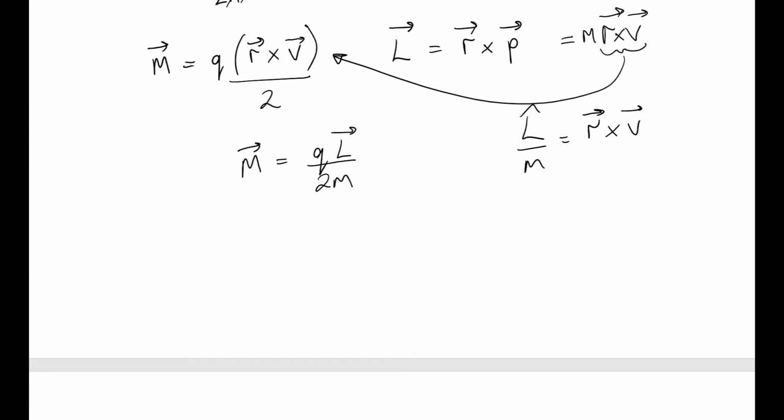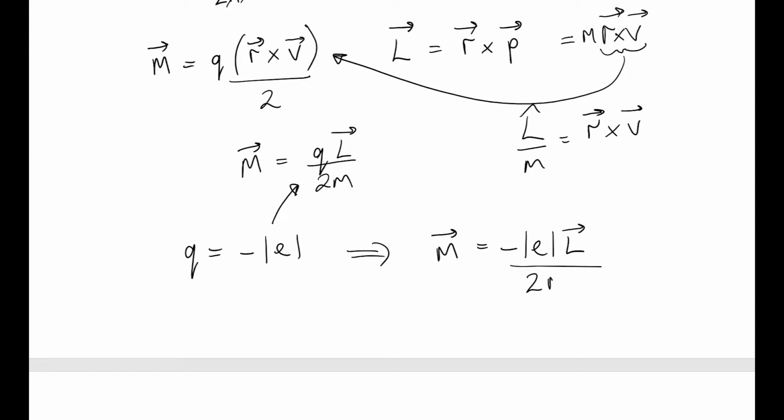Okay, if we now think about an electron, the charge here is equal to minus the fundamental charge, and so we plug this into our expression. We end up with the magnetic dipole equal to minus e times the angular momentum over 2 times the mass of the electron, denoted by this subscript.